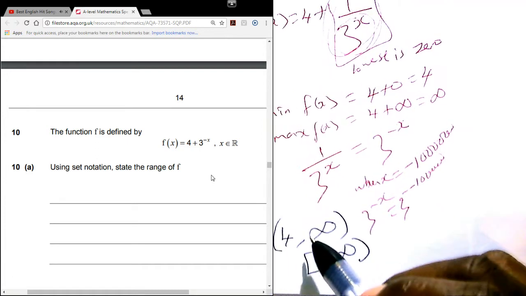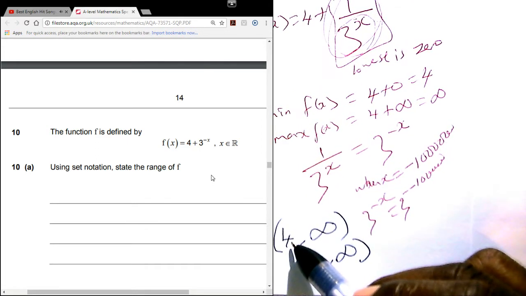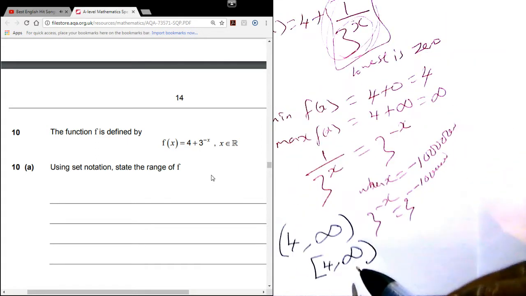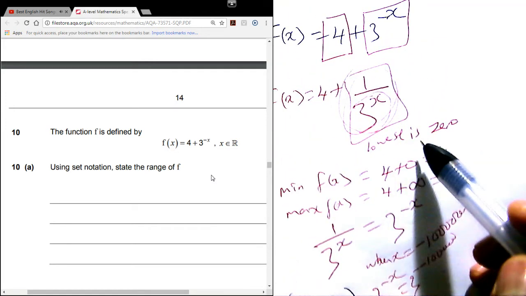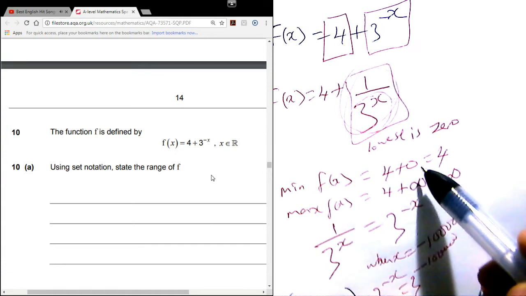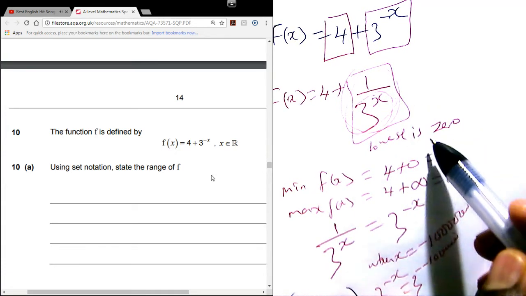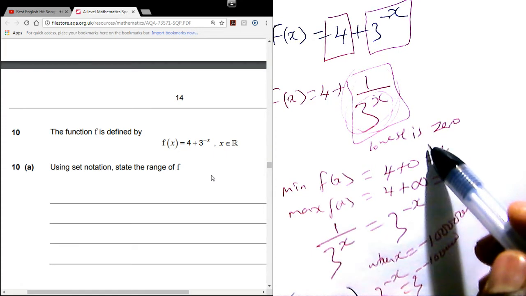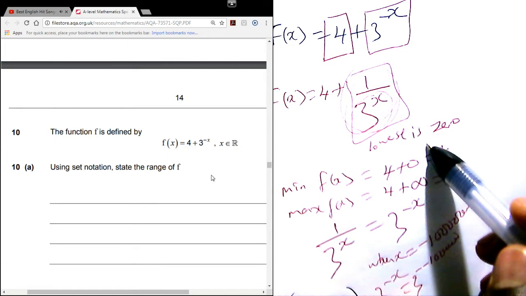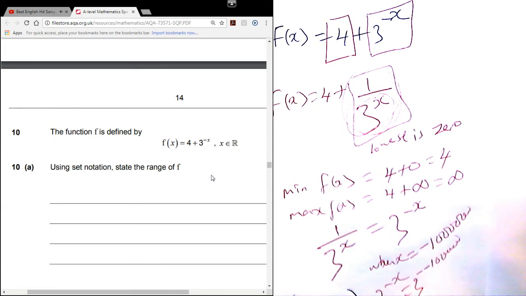Now the question is, can 4 ever be obtained, or can infinity ever be obtained? Like I said, 4 would only be obtained when you get to the lowest value of 1 over 3 to the x, which would only happen when x is at infinity. And the truth is, x would never ever be at infinity, because infinity is just an imaginary number, okay?